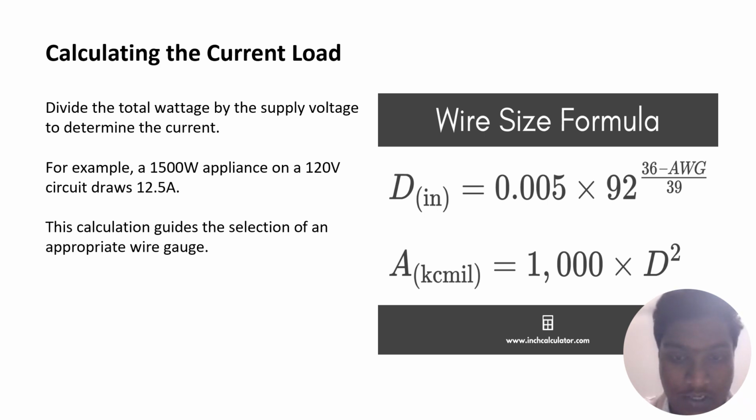You can see the wire size formula: D equals 0.005 times 92 to the power (36 minus AWG) divided by 39. And the area in circular mils equals 1000 times D squared. We can see how we calculate the current load, and how we use the formula, how we multiply and divide.